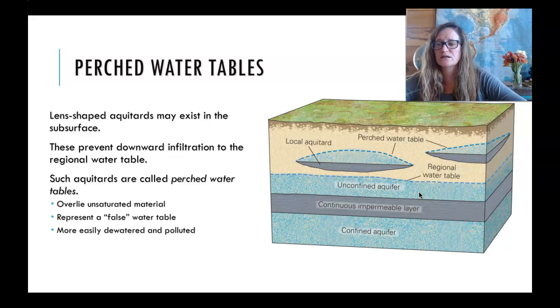These perched water tables can trick you. It can be like a false water table. So if you tap into that aquifer to use as your drinking water, it may run out. You're like, what happened? Why did the water run out? And it could be that you just have a tiny little aquifer there above some impermeable layer.